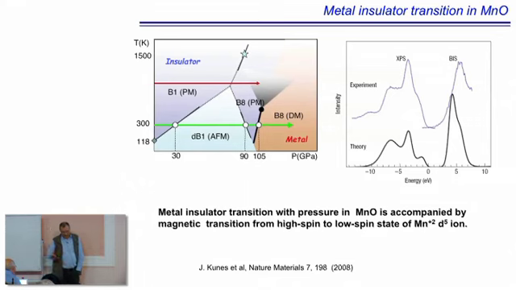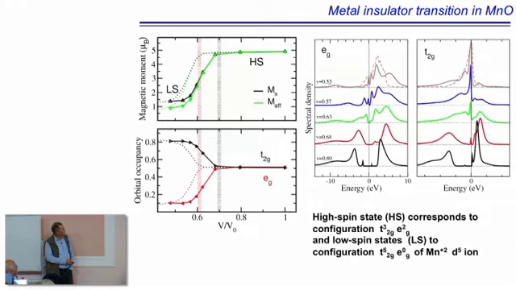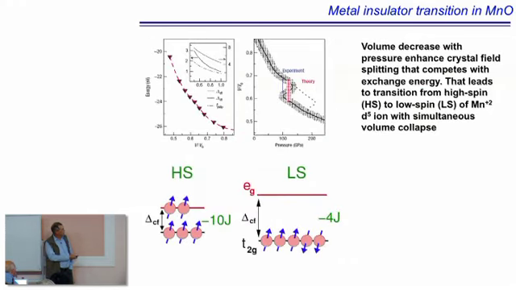For manganese oxide, Alexei already told, so I just say what is the trick: here, again, there is competition between magnetic energy and crystal field splitting. Crystal field splitting favors the non-magnetic state, or low spin state, while magnetic energy favors the high spin state.